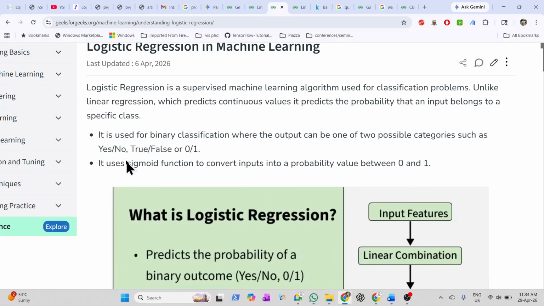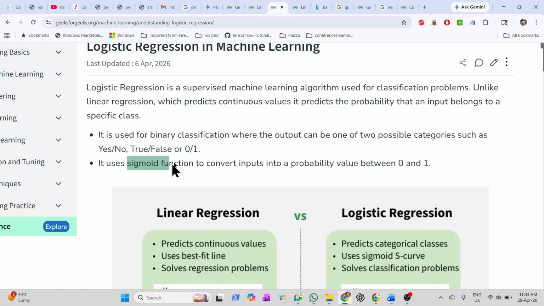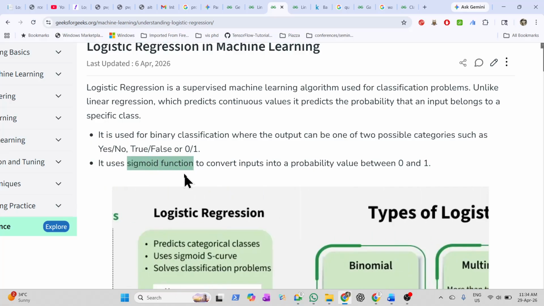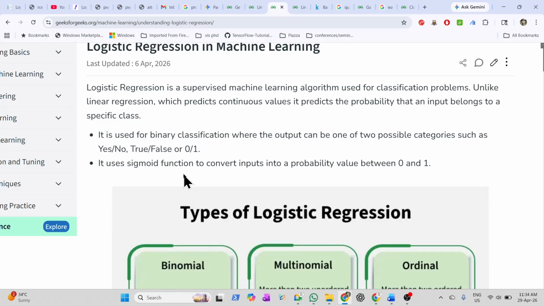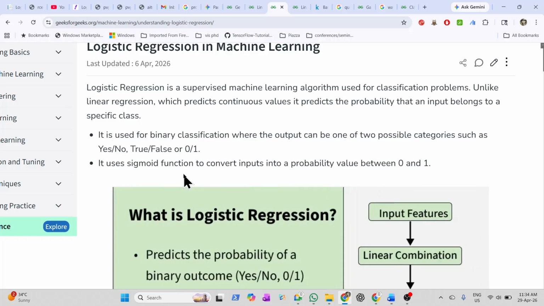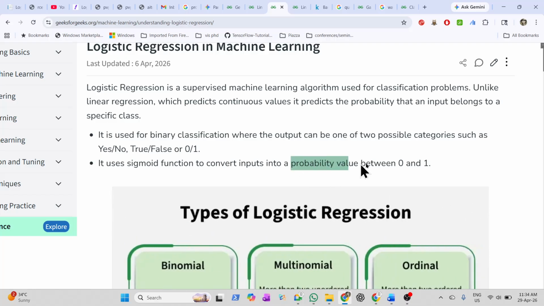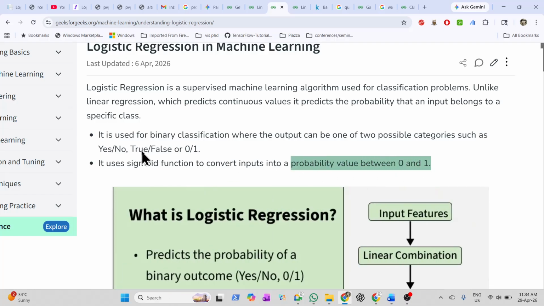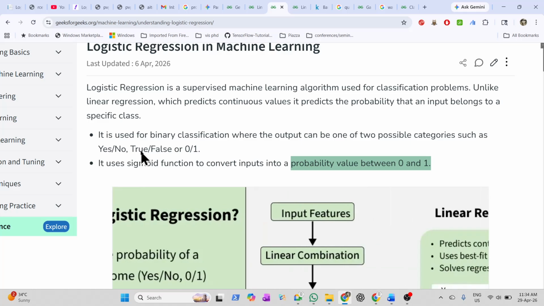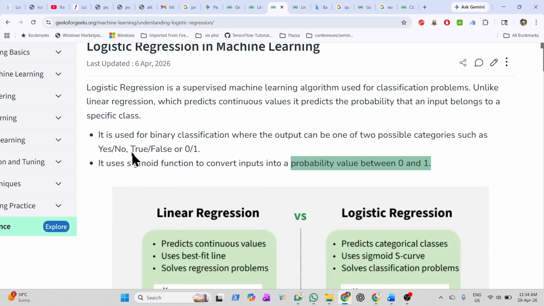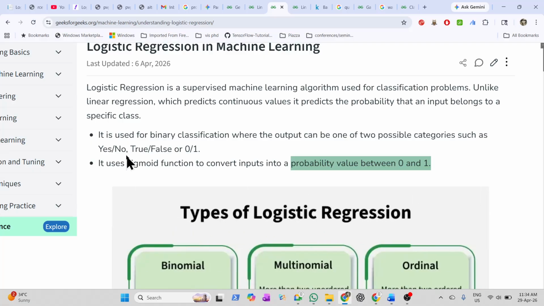Also, in logistic regression, we have a sigmoid function. Because of this sigmoid function, it converts the output into a probability value between 0 and 1. The sigmoid function is responsible for giving us the probability value.